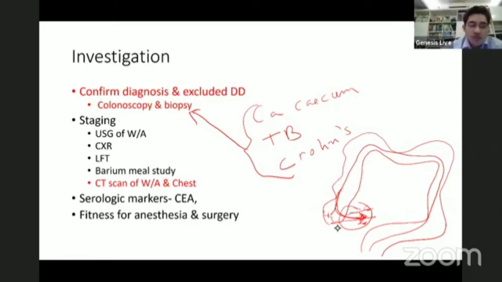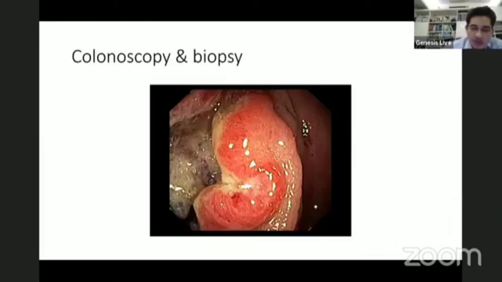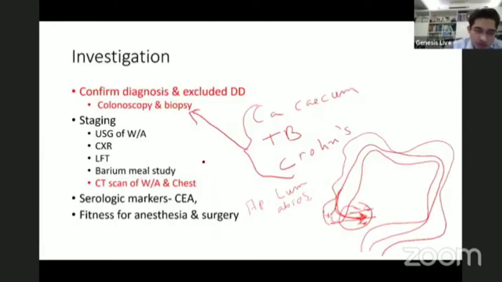Now, if you are suspecting something of an appendicular pathology, for example, an appendicular lump or abscess, then the number one investigation would be an ultrasonogram. Now let's see, what do we see?